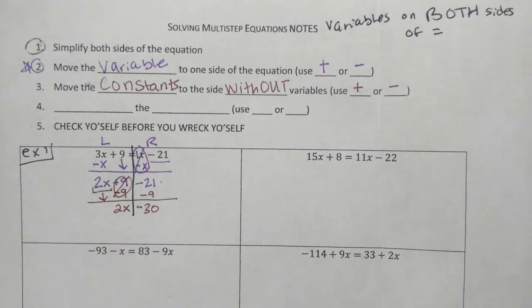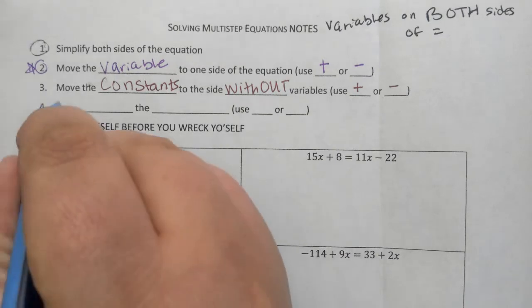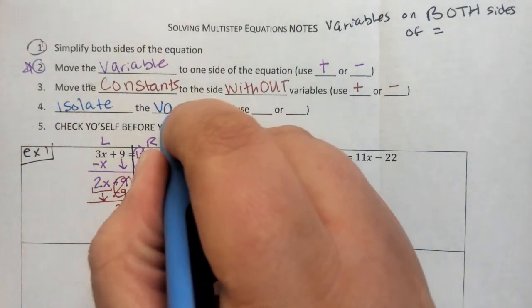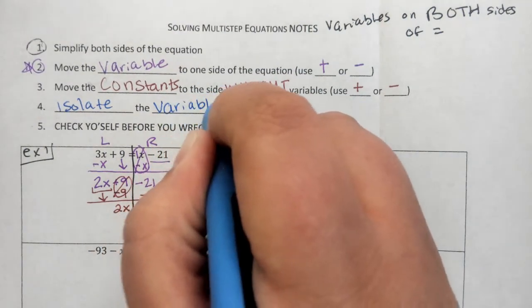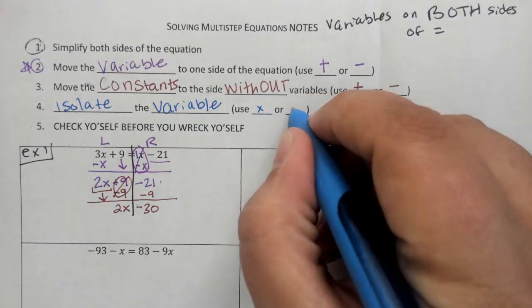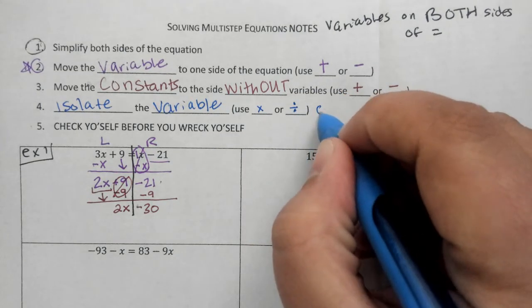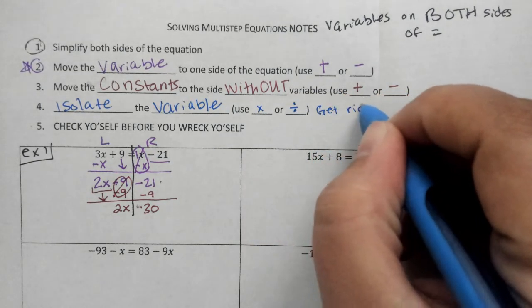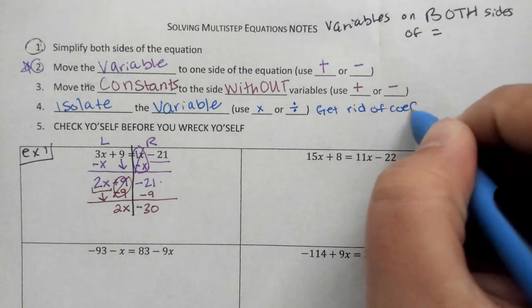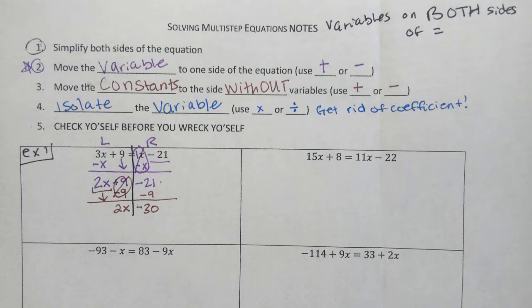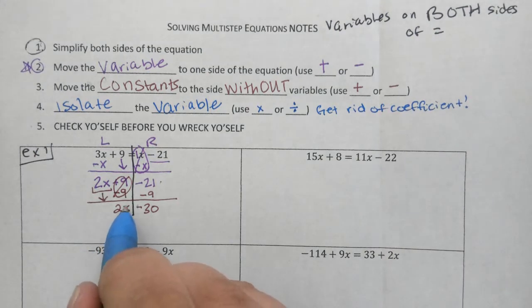The last step is to isolate the variable. Remember, isolate means to get it by itself, to get rid of the coefficient. Here's the variable, x.